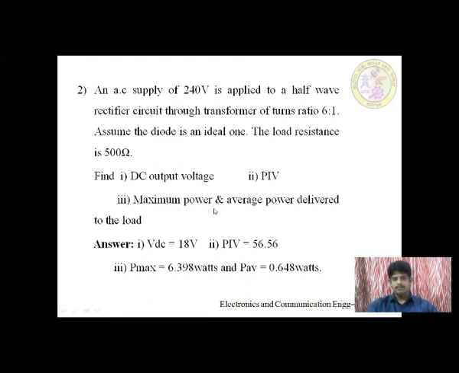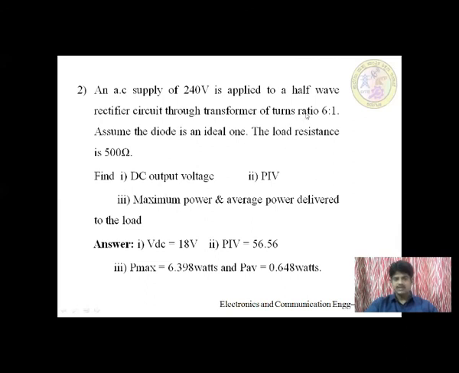Then maximum power. To calculate the maximum power, what you need to remember is that power is equal to either V into I, or V square by R, or I square into R. So we have multiple equations to calculate the power. Here it is asked for the maximum power, which means you should use the maximum voltage.